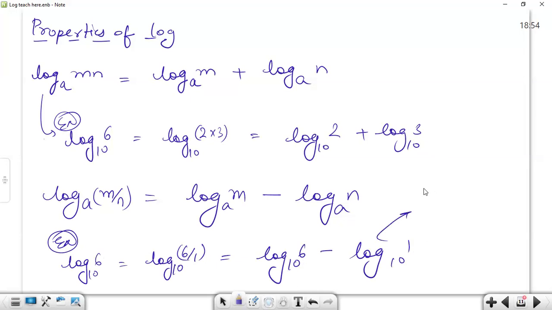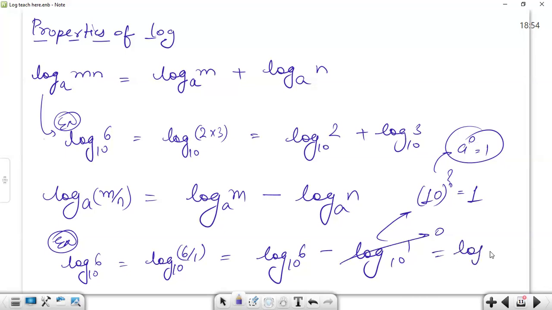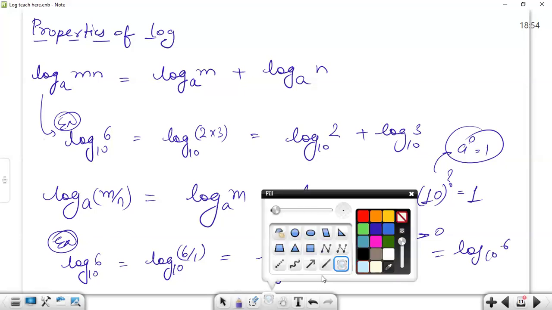Its answer is basically what we are questioning here: to what power should 10 be raised to become 1? We know a raised to power 0 is 1. So when we make its power 0, it will be 1. So basically it's 0. That was just an example. So these are two properties. Are you with me?